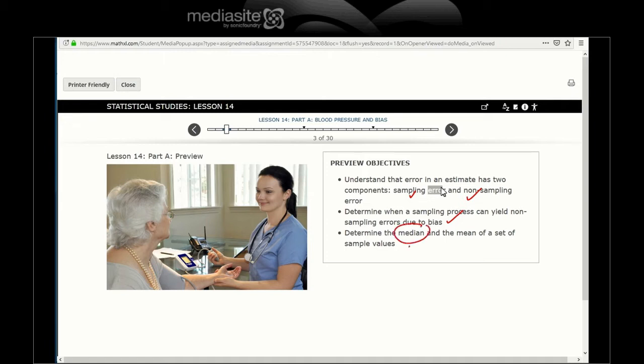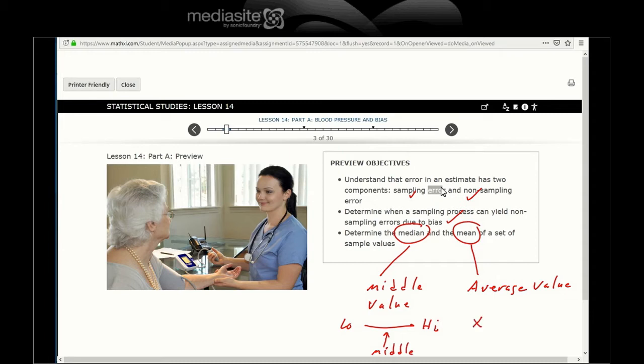So the median is the middle value, and the mean is essentially the average value. Remember, for the median the values are ordered from low to high, and it is the middle value.